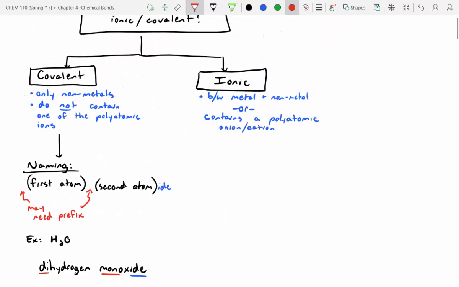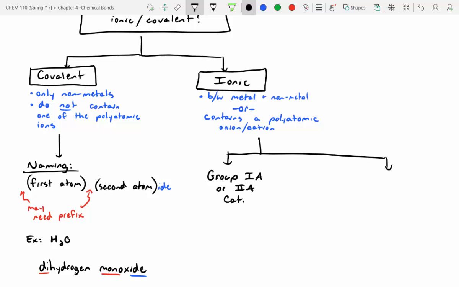And then we're going to take a look at this ionic one again. And we said that ionic kind of falls into two categories. One is where it's a group 1A or 2A cation. And then what was the other one?